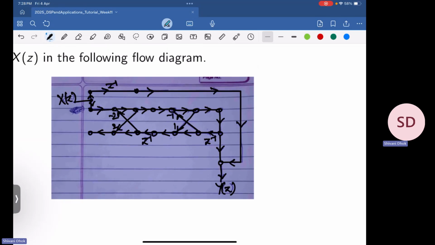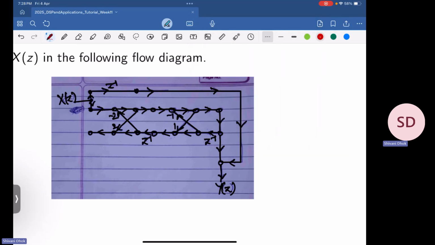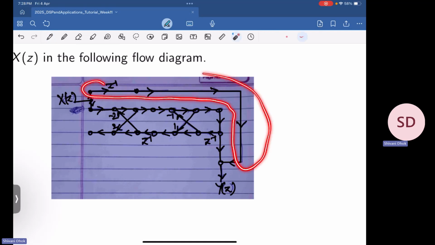If you observe carefully this diagram, this is a parallel structure where this is the first system that I have, and this is the second system.